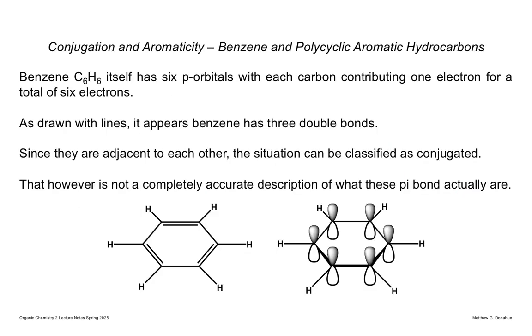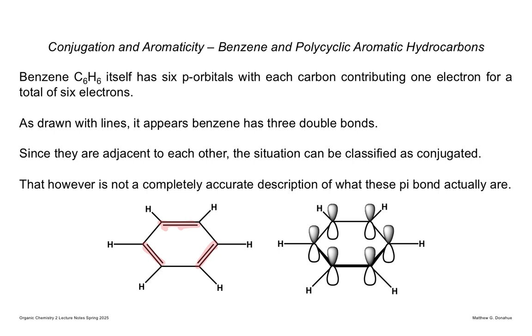So we know that a pi bond consists of two p orbitals that overlap on both of the lobes of that dumbbell shape. So you have 3 pi bonds, so that's 6 p orbitals. And essentially what happens is instead of having these sort of isolated, see how these are isolated?